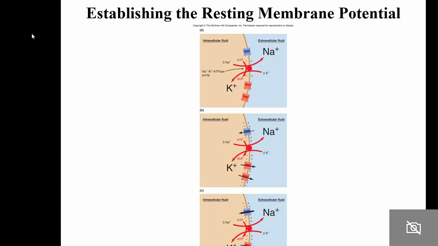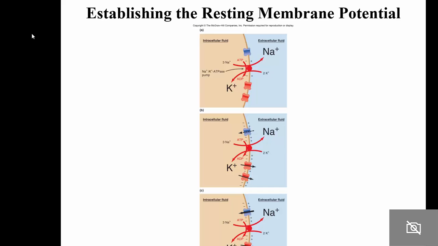Which direction is the sodium going to move when I open up those sodium channels? Into or out of the cell? Into the cell, right, because it's going down its electrochemical gradient. Okay, so it's going into the cell. So now let me ask my first question again. What is going to happen to the resting membrane potential of the cell when those sodium ions come into the cell?